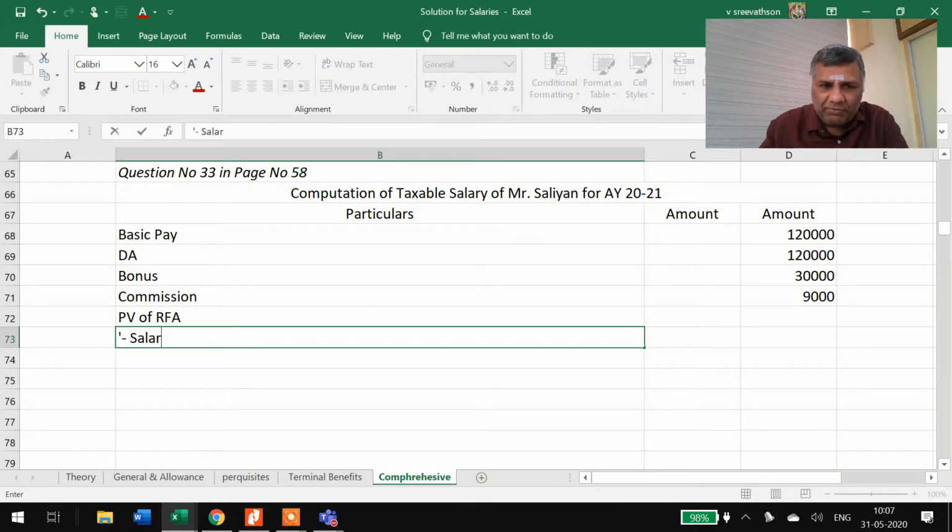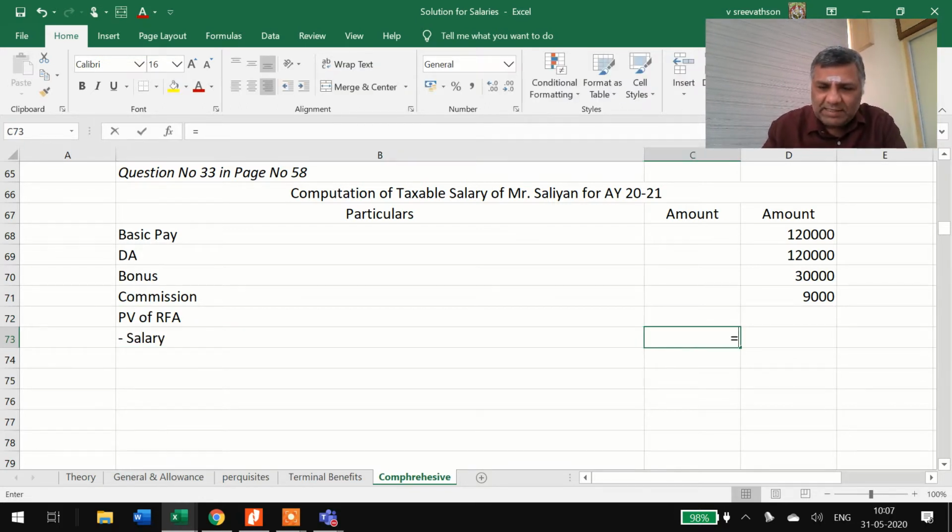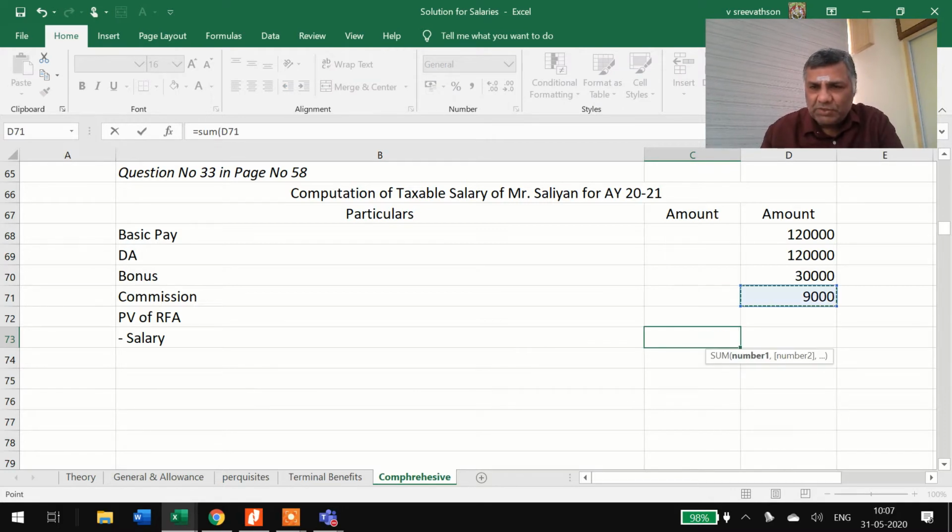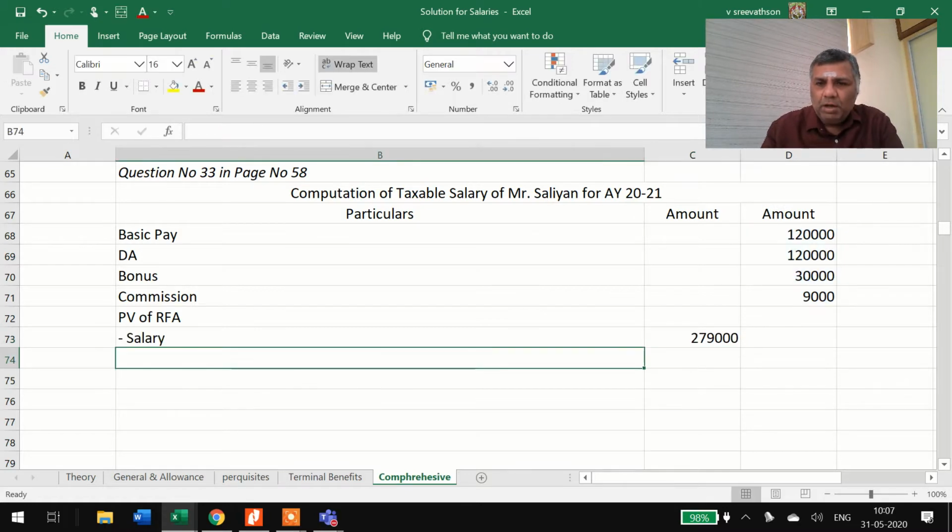My dear friends, salary is nothing but the total of all these things, because DA is forming part: basic pay plus DA plus all monetary receipts, commission and bonus. There are no allowances other than DA here.